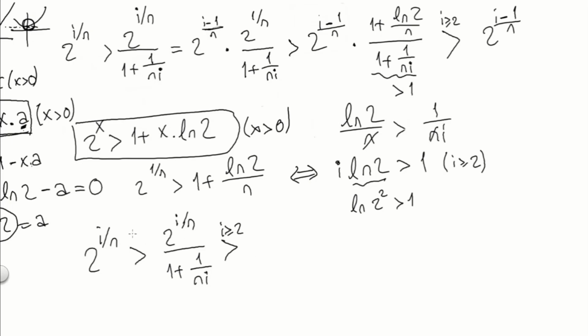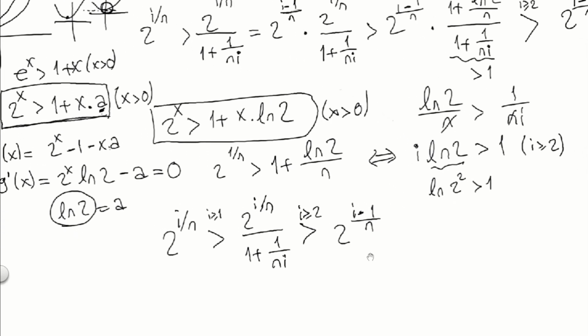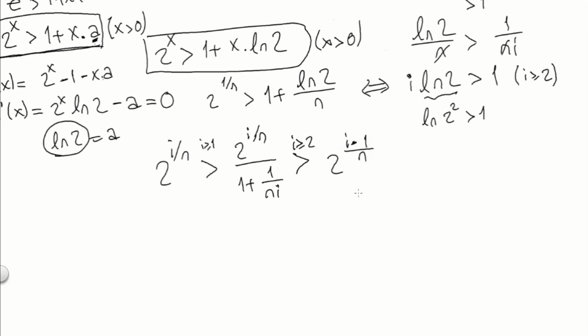We can also write it, but okay, let's also write this, doesn't matter. And this is true 2 to the i minus 1 over n. So basically what was my motivation to do this, I wanted to just add all sides from 1 to n, but now I can't really add it from 1 to n, because if I just sum all of this stuff for i's from 1 to n, this last one is not going to hold.